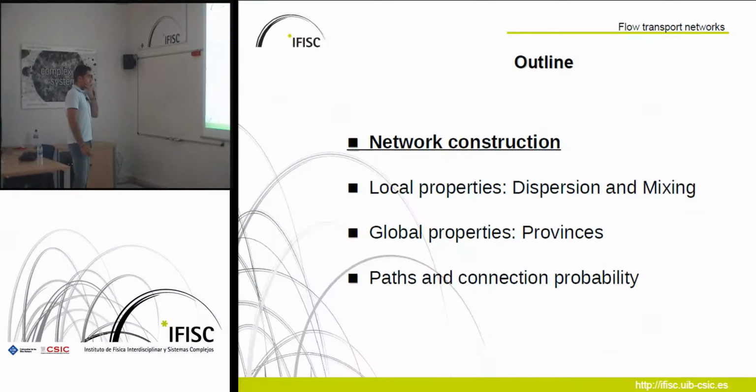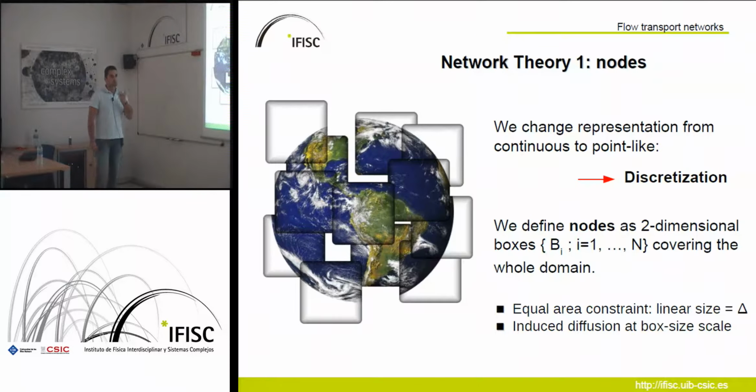Now we will define a way to construct networks of transport in the ocean. Of course, the ocean and the sea is a continuous object, so we have to discretize this system somehow in order to describe it as a network. The first thing to do is to define the nodes of our network.